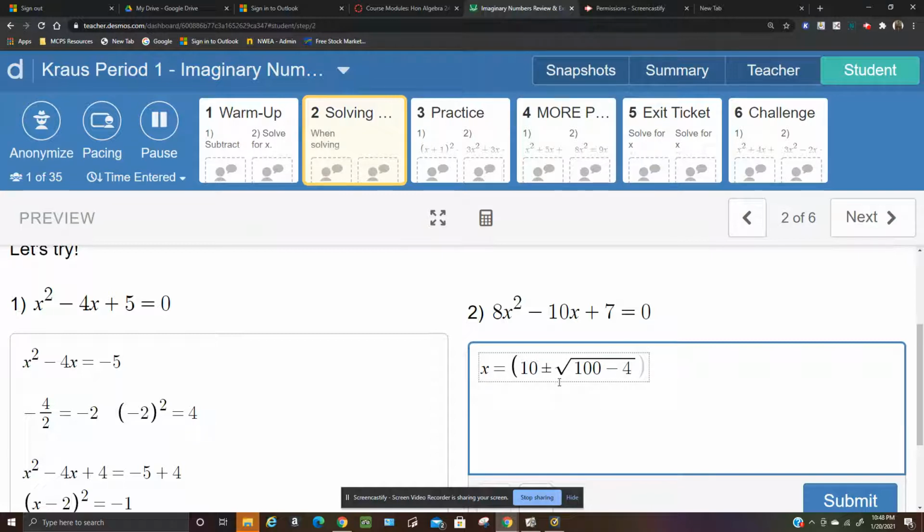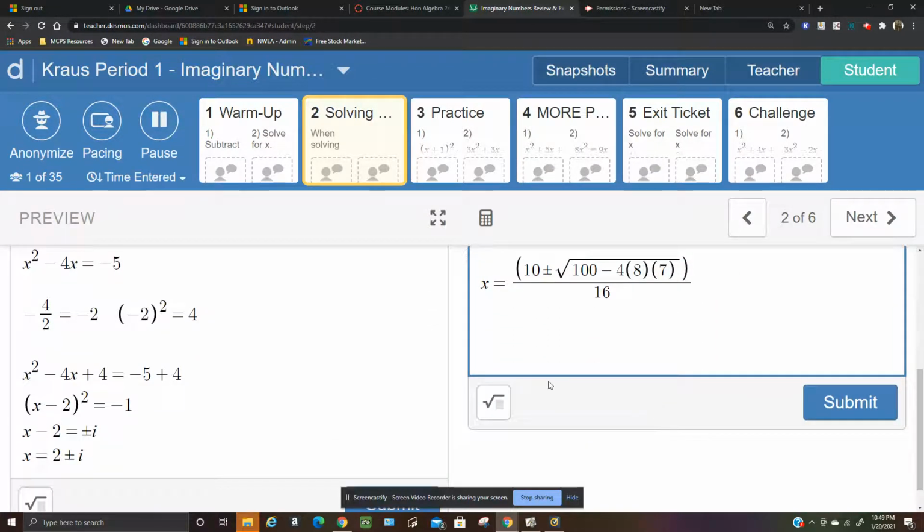Minus 4 times 8 times 7. This looks like a similar problem from the last activity. I think this is the same problem actually, but go ahead and finish it.